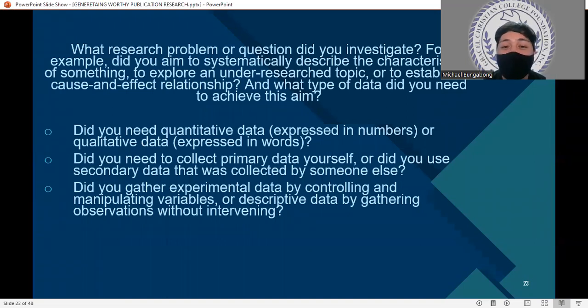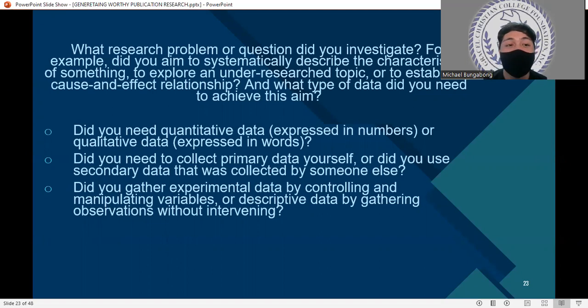And what type of data did you need to achieve this aim? I think you have to consider these types of questions for you to understand what you need to do, what methods you are going to use, and what techniques and approaches you are putting in there.